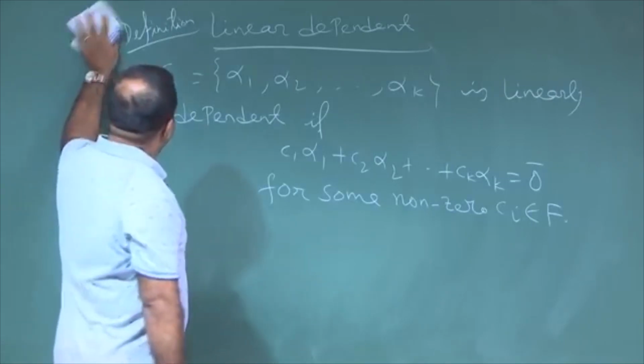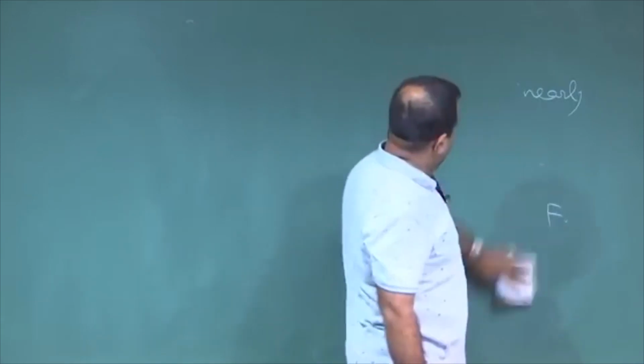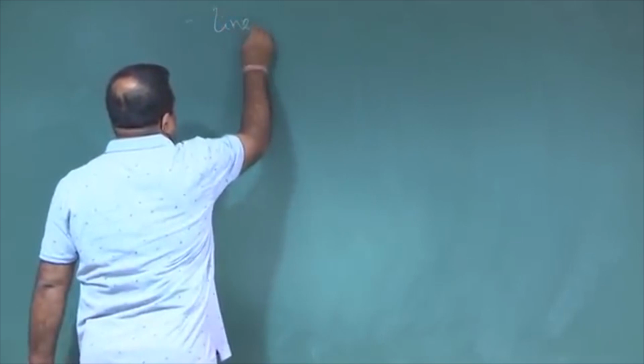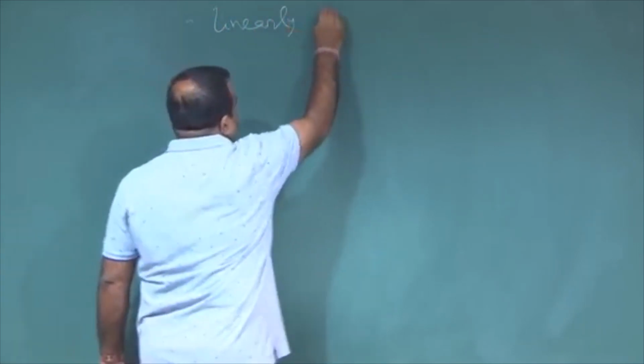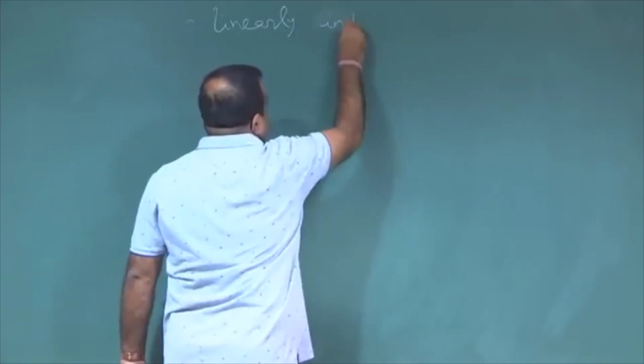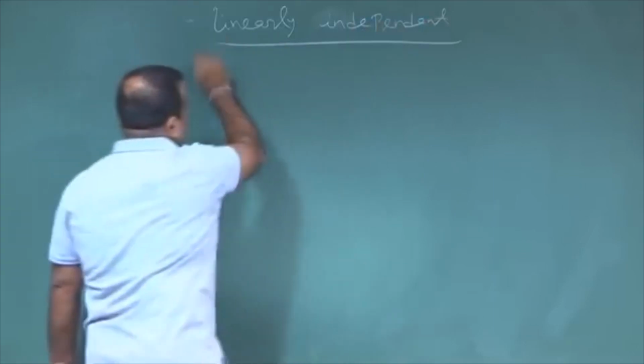So, this is the definition of a linearly independent set of vectors.